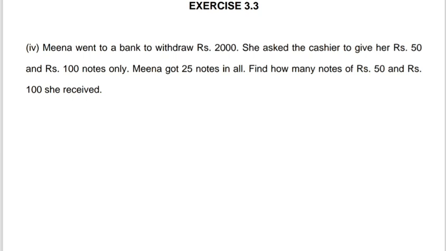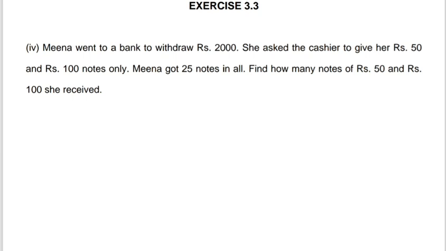So the number of notes of rupees 50 and 100 gives you 2000. She got only 25 notes in all. And they are asking us to find the number of notes of rupees 50 and the number of notes of rupees 100 she received.